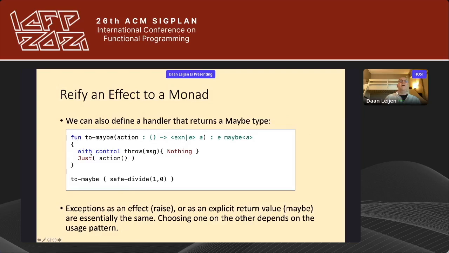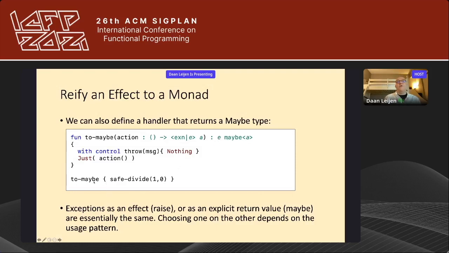So I just say, with the control operator throw, if someone throws in action, I'll just return nothing. But if the action succeeds normally with the result, I'll wrap just around it, right? So now we reify back to maybe types.